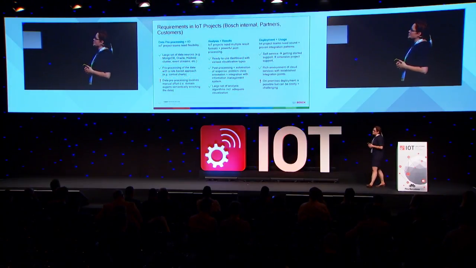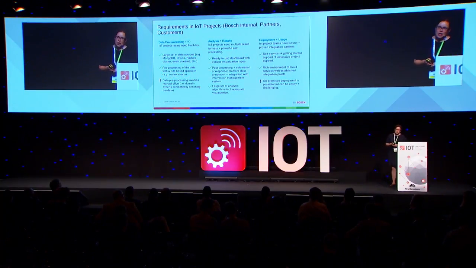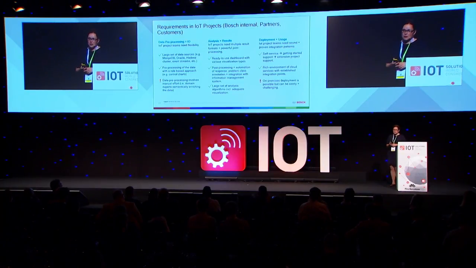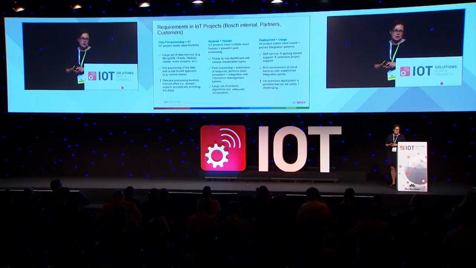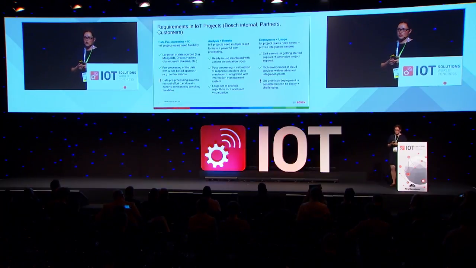So how is this embedded in the context of the IoT projects, and also in the context of the IoT architecture that Bosch is promoting? So the first thing that I would like to show you is that we compiled lots of different requirements coming in addition to the simple or the basic process that I've shown you before.